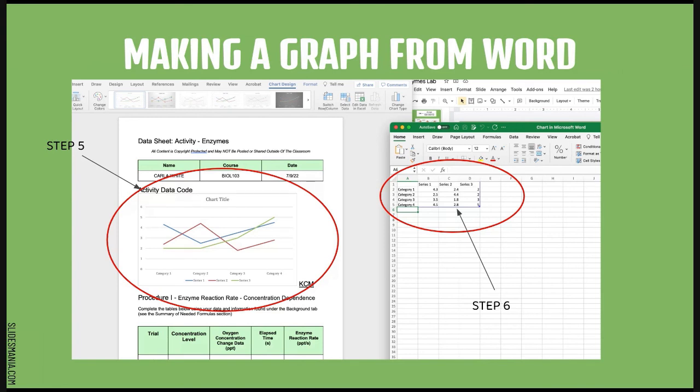After step five, an Excel spreadsheet will automatically be generated as soon as you insert the graph on your document. You are going to manipulate the values in those columns and change the labels into trials. Again, I will be posting a video on how to make the graph so you can see it up close.